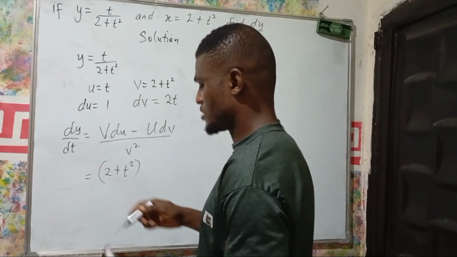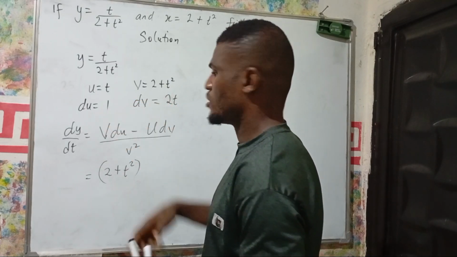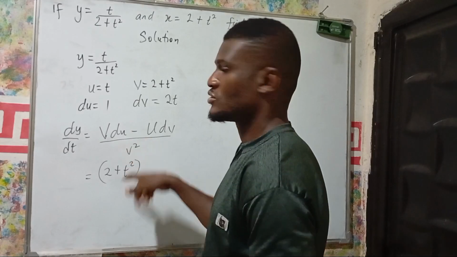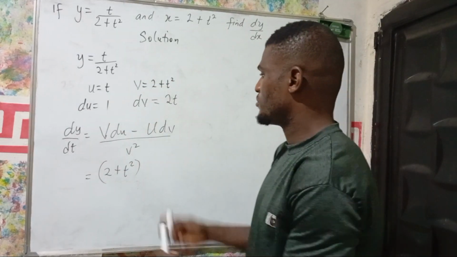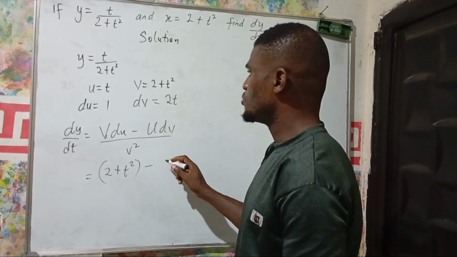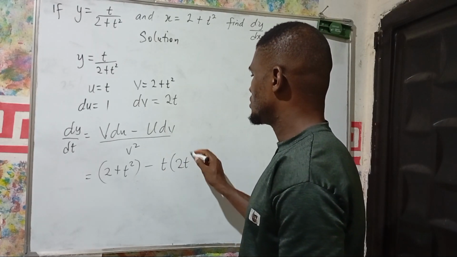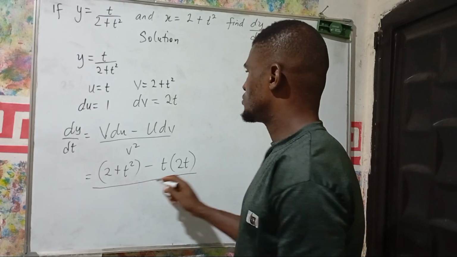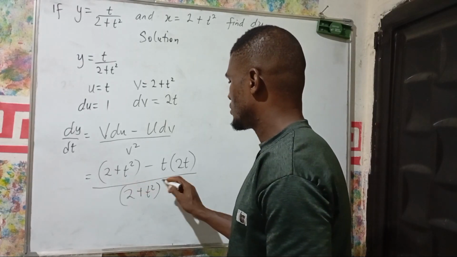Let's group that together because it's two terms, and then our du is 1. When we multiply what we have here by 1, we still have what we have, and then we put the minus sign. Our u is t multiplied by dv, which is 2t, over v squared. V squared is 2 plus t squared, and then we square that.